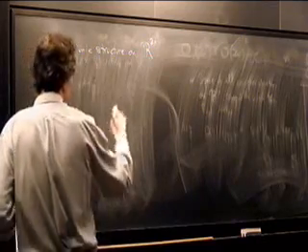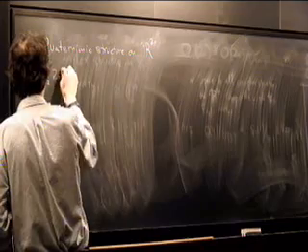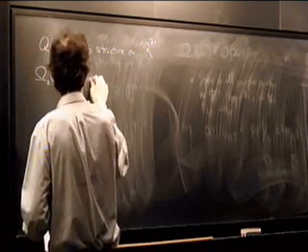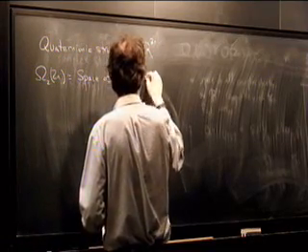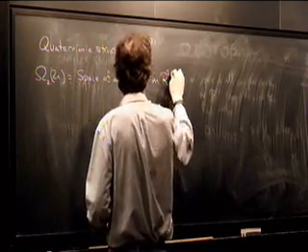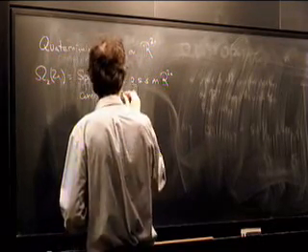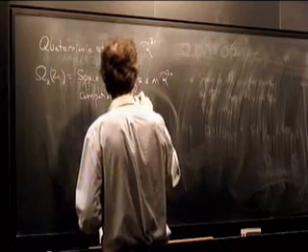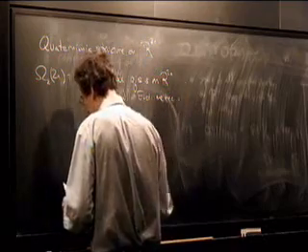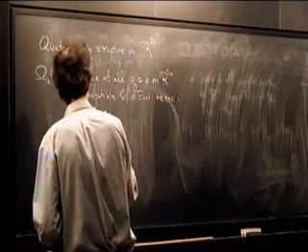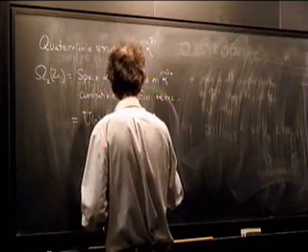And by an argument similar to what I gave before, omega 2 of 2n is equal to the space of all quaternionic structures on R2n compatible with the Euclidean metric. And this will be the unitary group divided by the symplectic group.